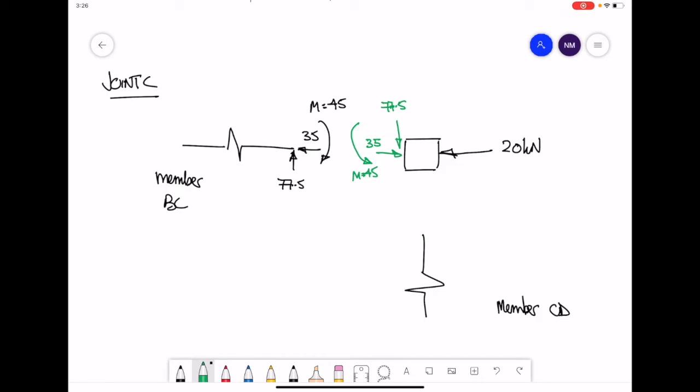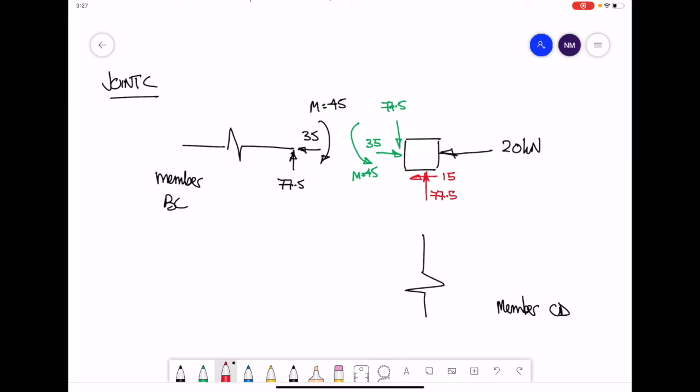So the joint here must balance. The net result for looking at the horizontal forces, 35 to the right, 20 to the left. So to balance that we need a force of 15 going to the left. Vertically, 77.5 going down, therefore we must have 77.5 going up.